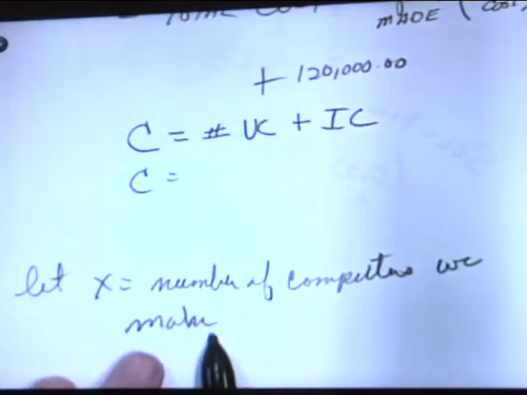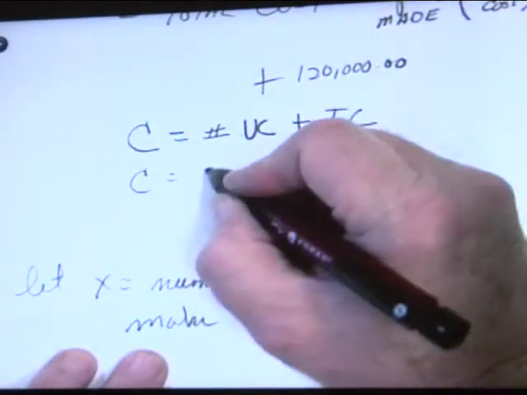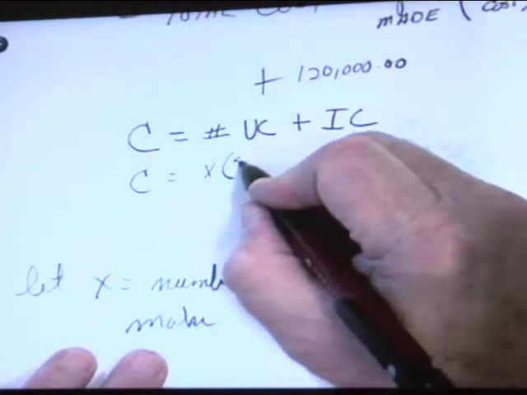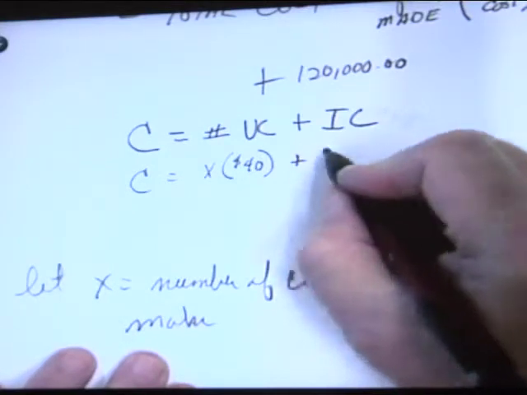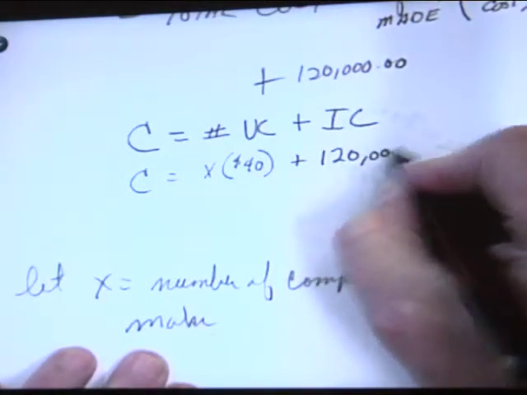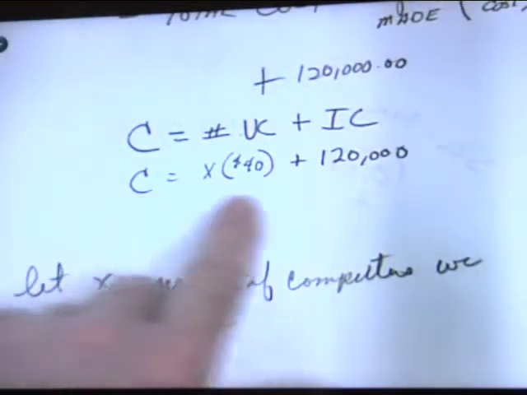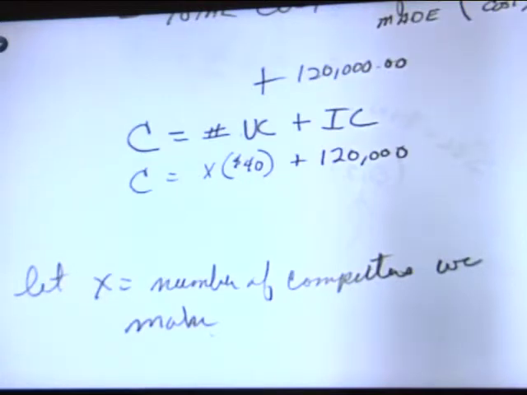Then we have C equals X times the unit cost, which was $40, plus the initial cost, which was $120,000. We've just created a formula that models the cost for making these computer tops.